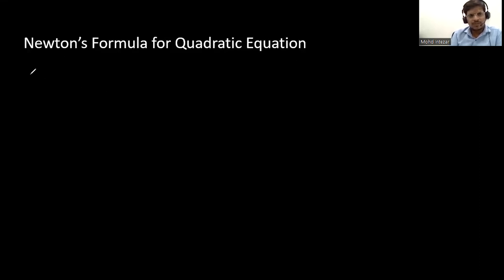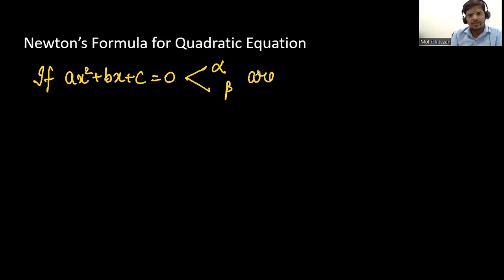Suppose we have a quadratic equation ax square plus bx plus c equals 0, and alpha, beta are the roots of the given equation.